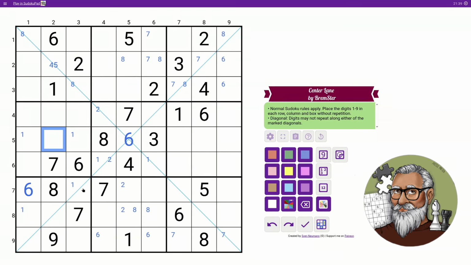So it's 8 or 9. I can pencil mark it in the center, so you can mix and match the pencil marks as well. But I'm going to avoid that for a second just to avoid complicating things.